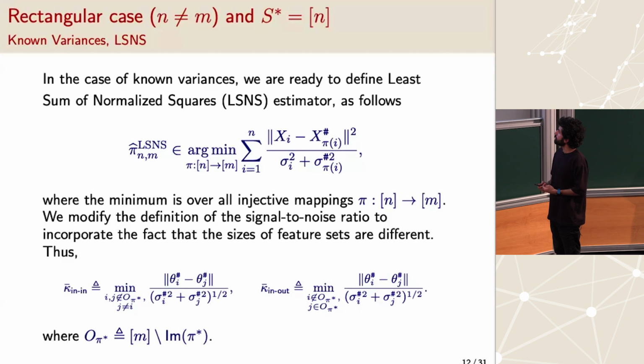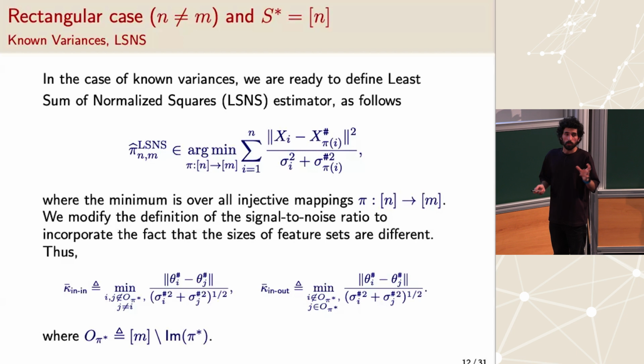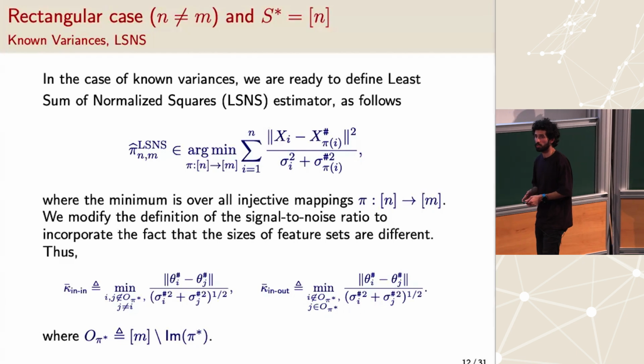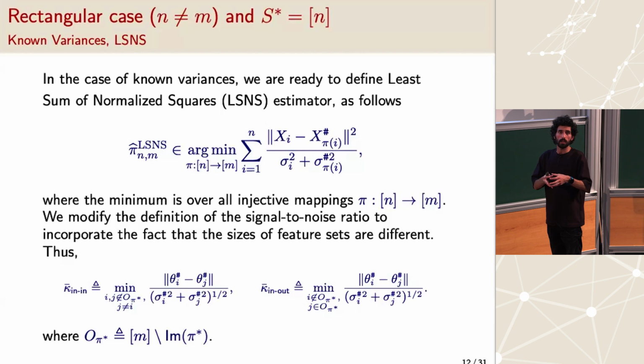Another slight difference is that now we know that in one of our data sets there are some points that don't have their counterparts, so we call them outliers, and we will measure the distance between inliers and outliers separately.